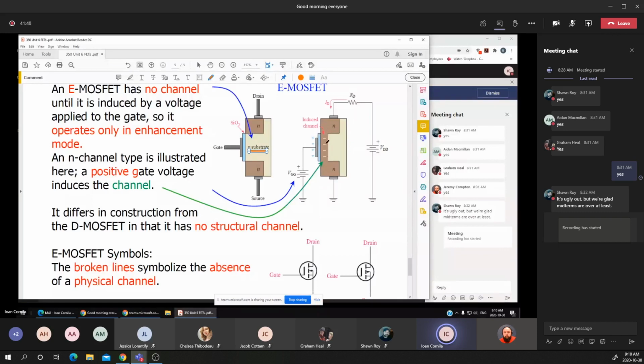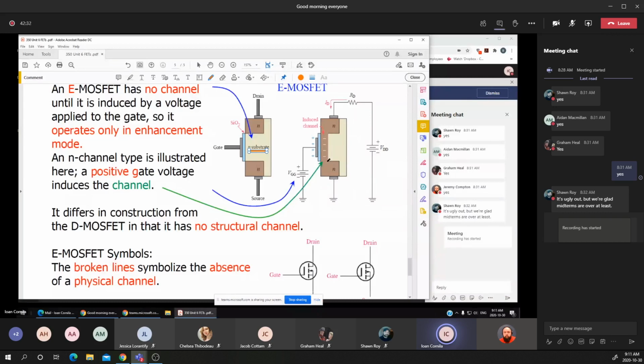This means that I'm actually inducing, or creating, a channel based on the voltage that is applied on the gate, and having that insulator or dielectric between the substrate and the gate, actually there is no current. The current that is flowing between the drain and the source, again, is very low, or in very low power consumption, in the E-MOSFET or the MOSFET technology.